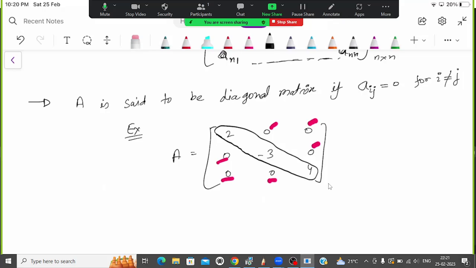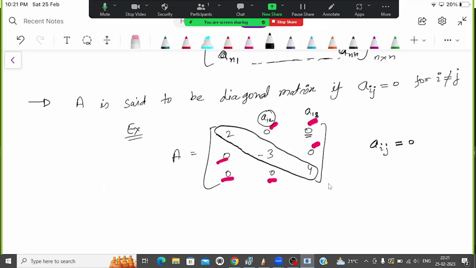Means A follows a_ij equals 0, meaning the ith row, jth column element is 0. Suppose this element we call first row, second column, so it is 0. This element we name first row, third column.